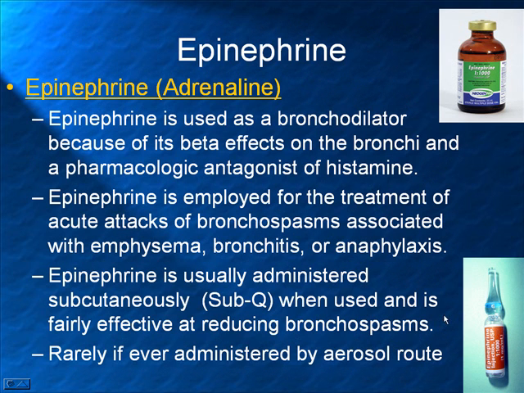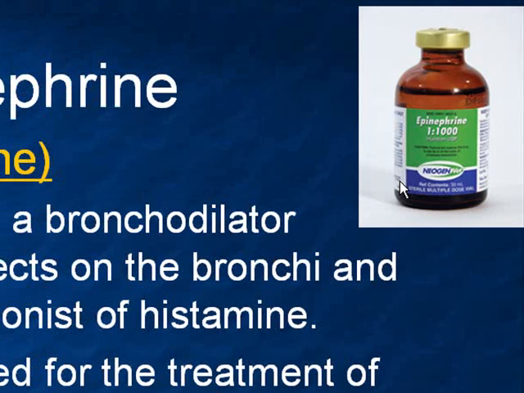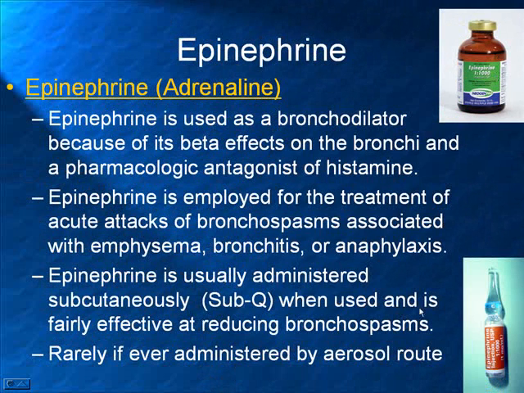Okay, let's begin our review of beta agonist drugs with epinephrine, also known as adrenaline, and I've included pictures on the slide so that if you see these drugs, you'll be able to recognize them. Epinephrine is used as a bronchodilator because of its beta effects on the bronchi, and also because of its pharmacological antagonism of histamine.